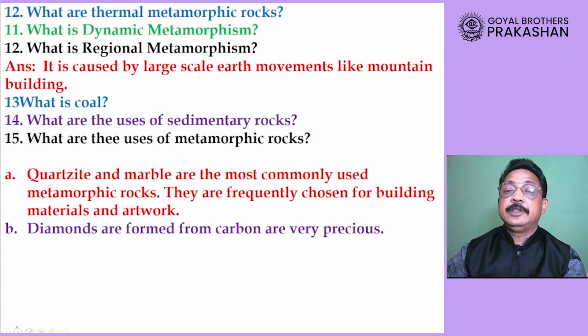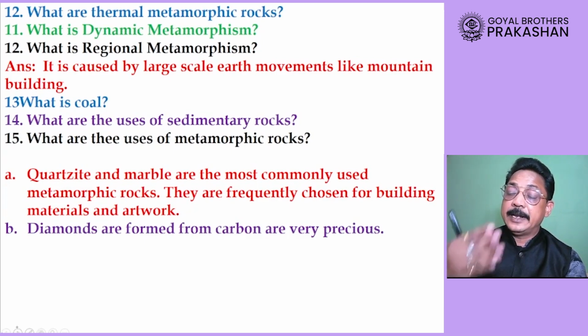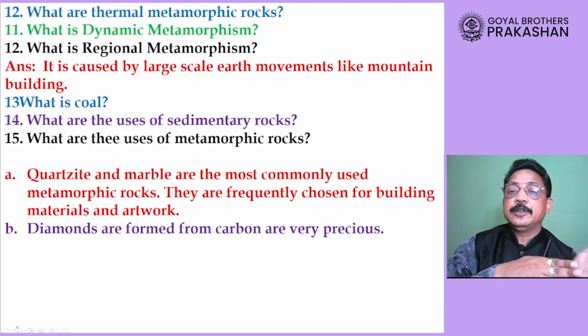Then we call those rocks, formed because of heat, thermal metamorphic rocks. Please remember, thermal metamorphic rocks are the rocks formed because of the heat generated either by magma or by friction between the rocks.